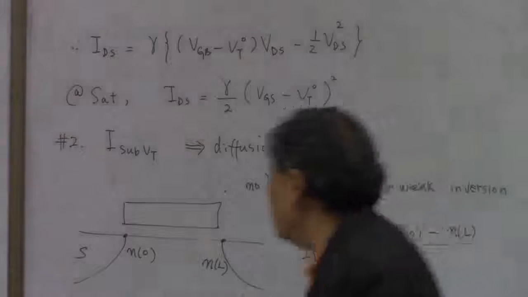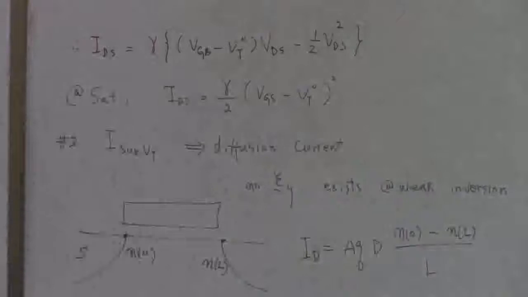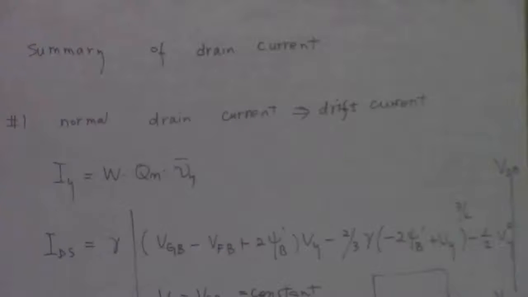So according to this equation, we end up with that complicated equation, but there are several things to notice that I mentioned at the beginning of this class. And these two things sum up the drain current in the MOS transistors.